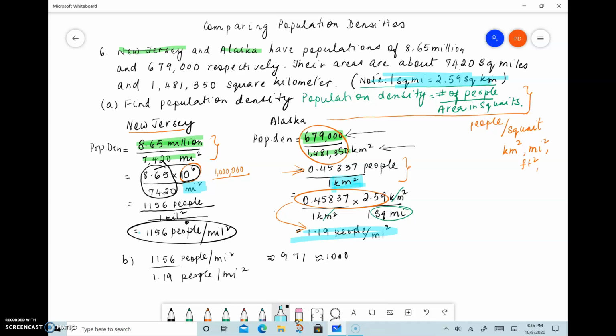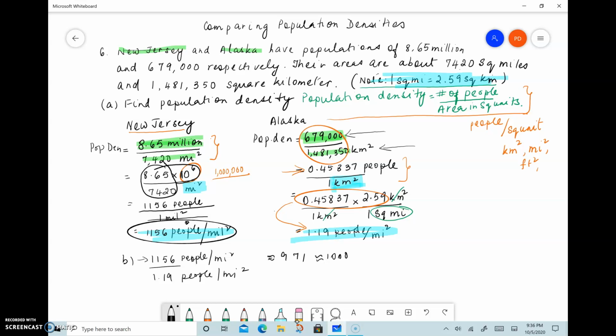Now that we have the same units, we have 1.19 people per square mile in Alaska and 1,156 people per square mile in New Jersey. Now, how do we compare these two? Clearly, the population density of New Jersey is much, much larger than that of Alaska. One way to compare it would be to divide one by the other.